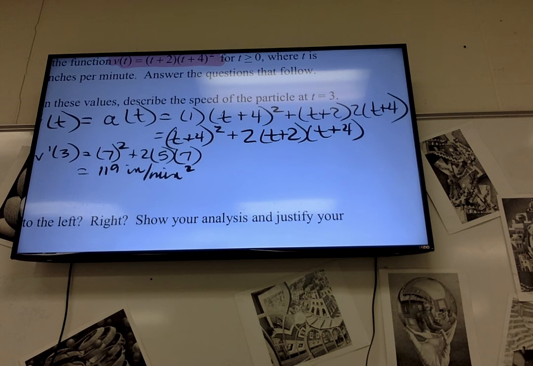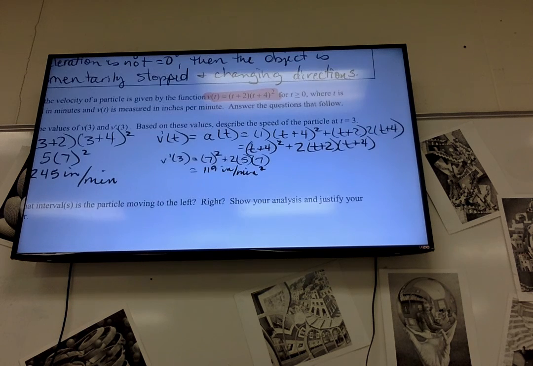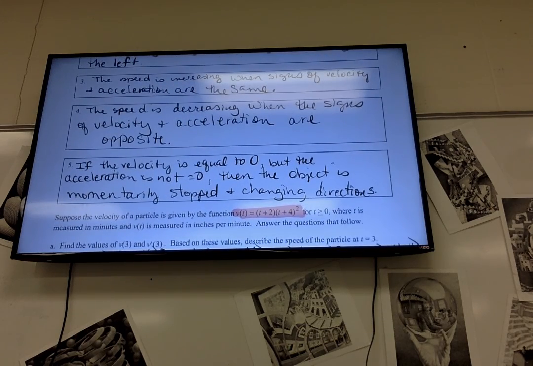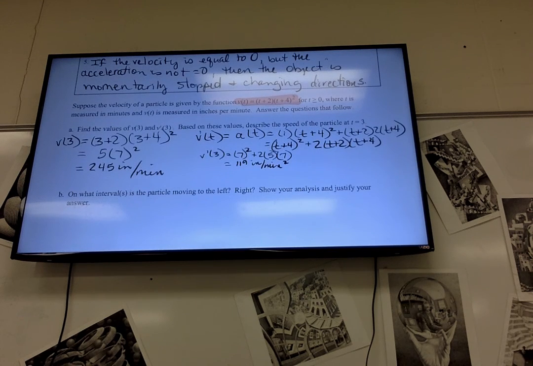And then it says describe the speed. So yesterday we talked about speed. Remember, if the signs of velocity and acceleration are the same, then the speed is increasing. So notice both of these are positive, so the speed is increasing.